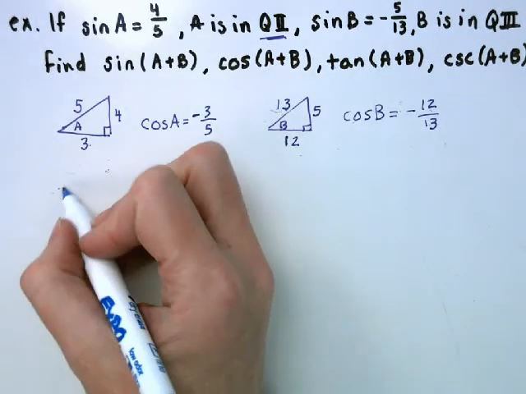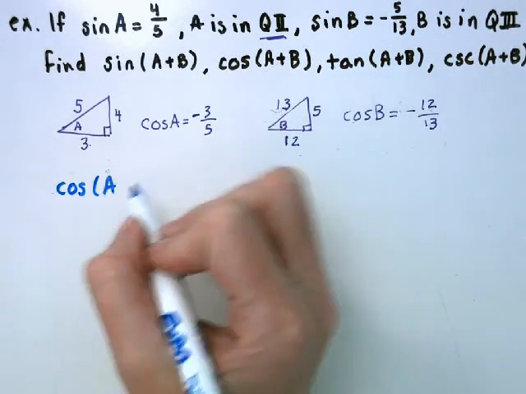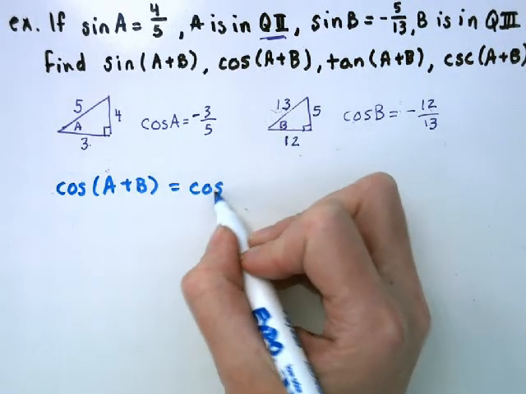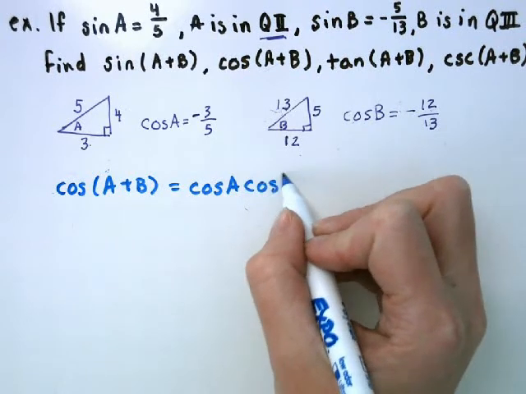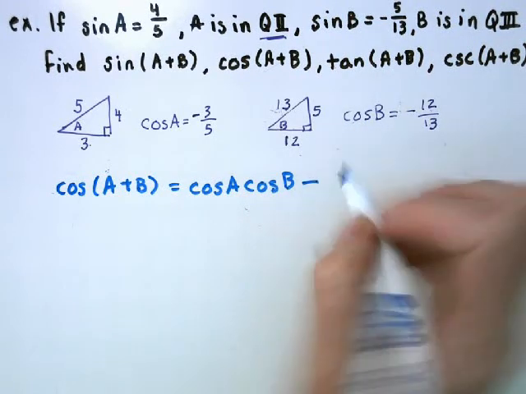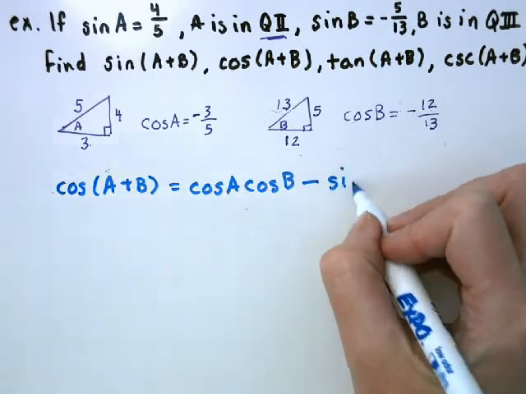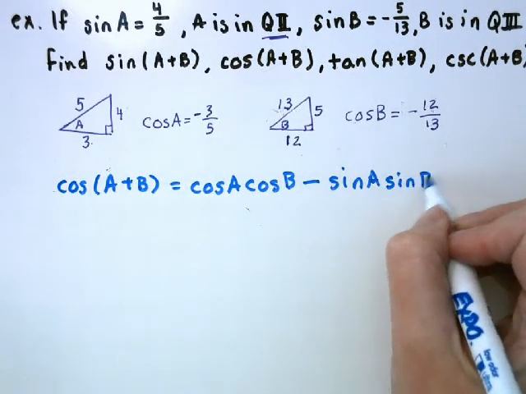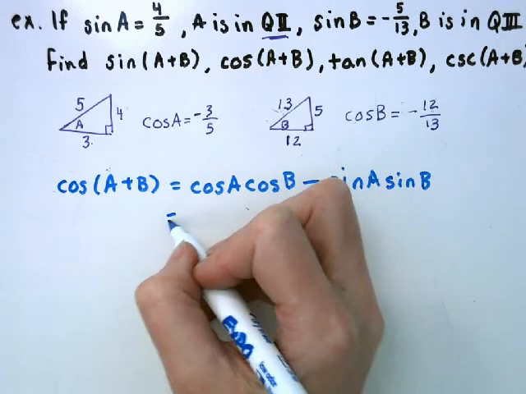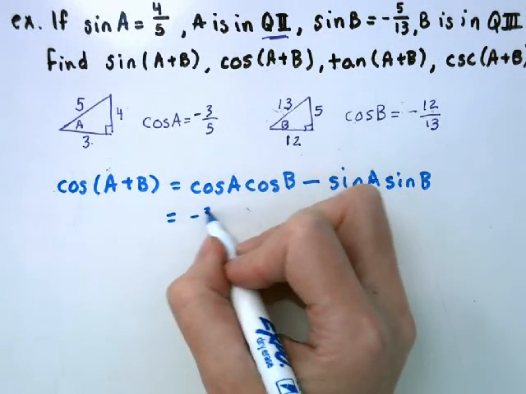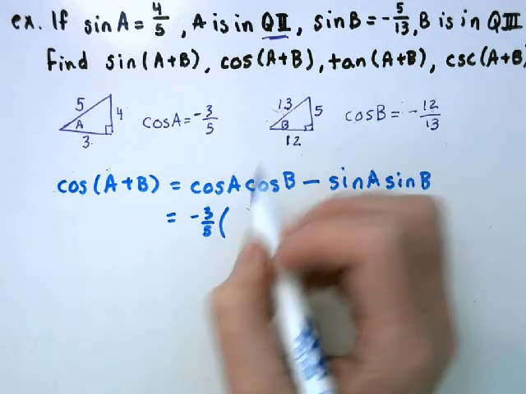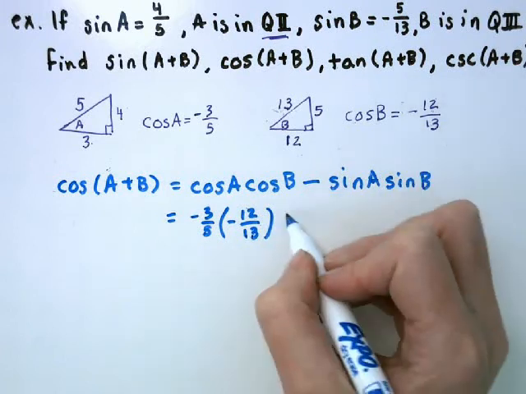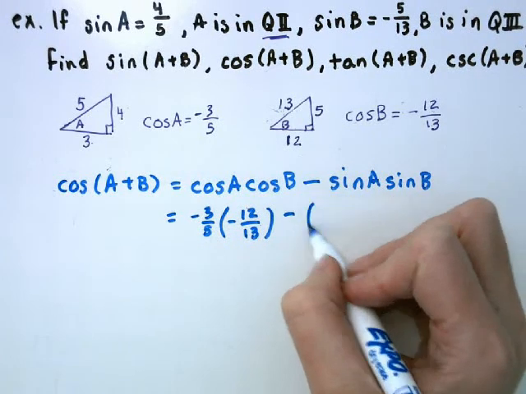Now we're going to find cosine of A plus B. Using the identity first, cosine A cosine B minus, if this is a plus, sine of A sine of B, and then just plug in the correct things. So we're going to have a negative 3/5 times a negative 12/13. Sine of A is 4/5.